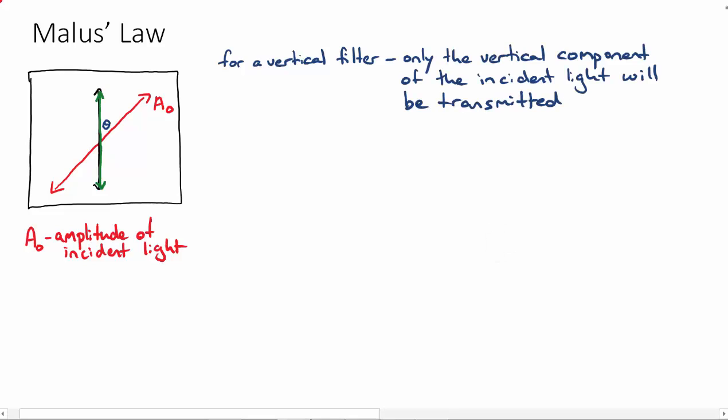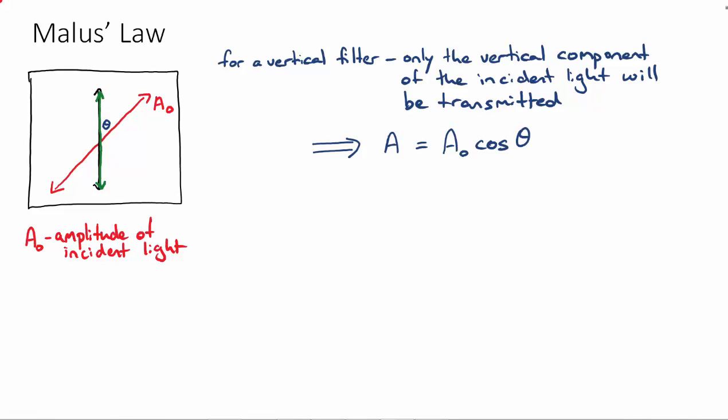And so we can use this wonderful thing called trigonometry, which I'm sure you've heard of before, where this side of the triangle here, which is at an angle theta to the hypotenuse, will be the hypotenuse times the cos of that angle.